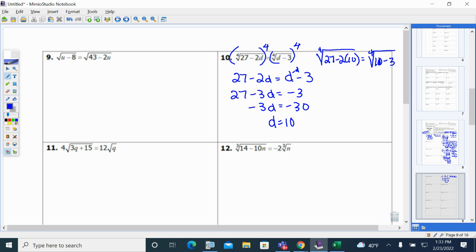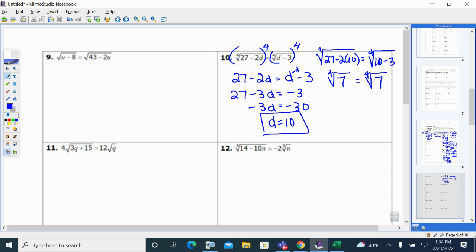On this, 27 minus 2 times 10. 27 minus 20, so that would be a 7. I'm going to be left with the 4th root of 7. On the right side, I've got 10 minus 3, which is 7, so I have the 4th root of 7 over here as well. So that works, and D does equal 10.